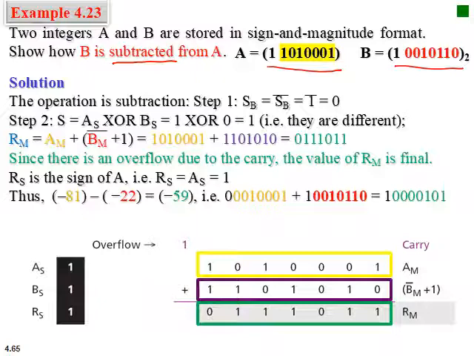Step 1 says we take the complement of the sign of b. Remember, b's sign was 1, and therefore the complement of 1 is 0.